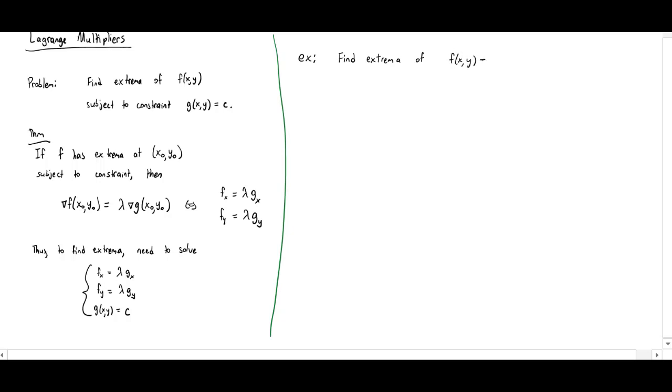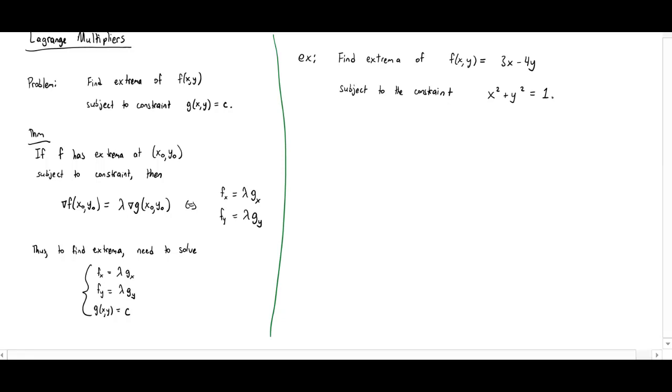F of x, y equals 3x minus 4y, and that'll be subject to the constraint x squared plus y squared equal to 1 to start with.